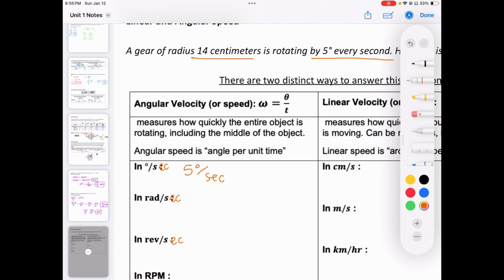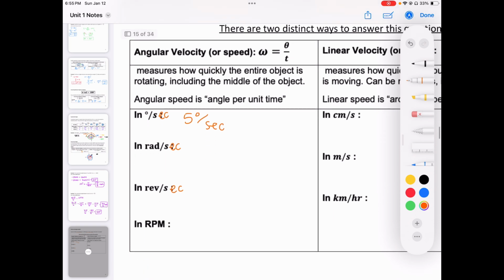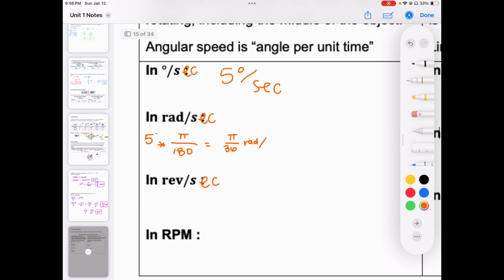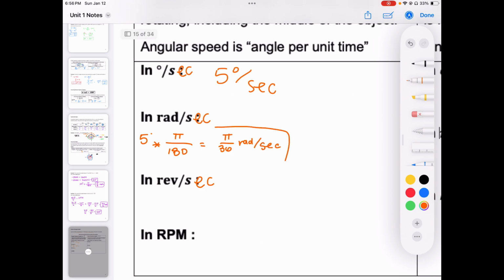Not much else we have to do there. In the second part, we do need to convert from degrees to radians. So 5 degrees times pi over 180 is going to equal pi over 36 radians. Okay. And we have seconds already, so this is your final answer. Pi over 36 radians per second.